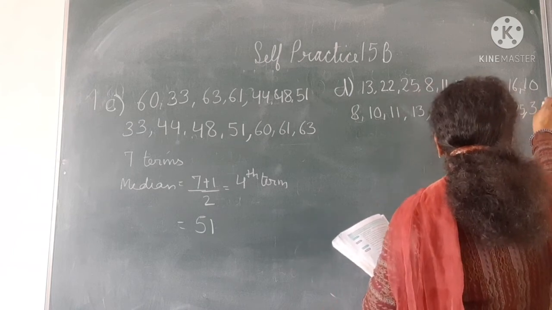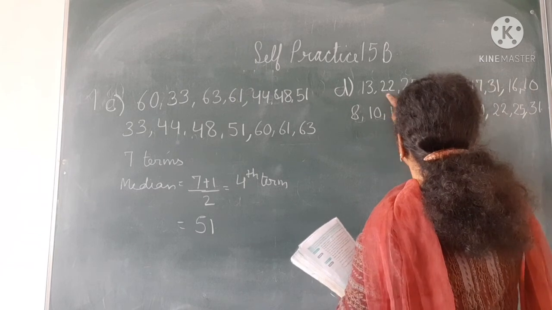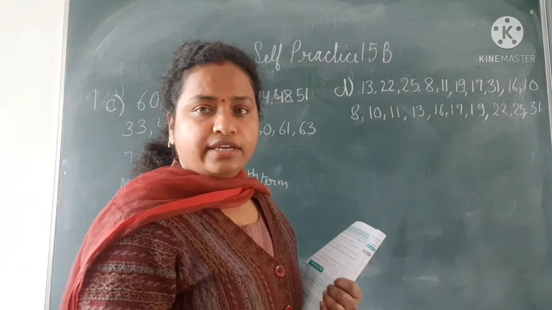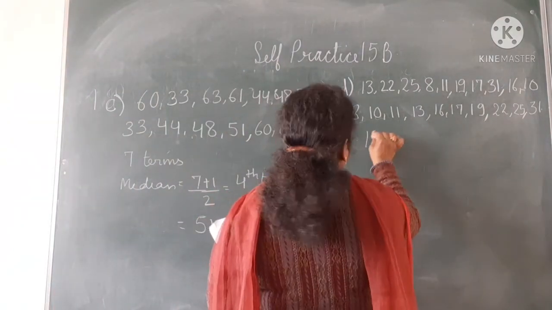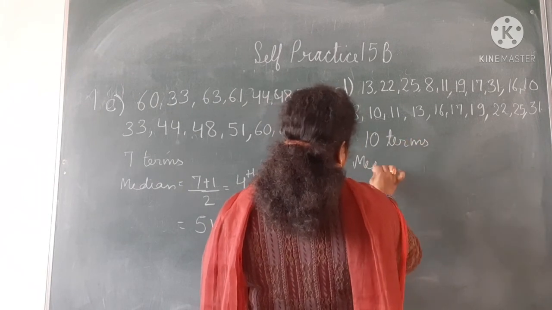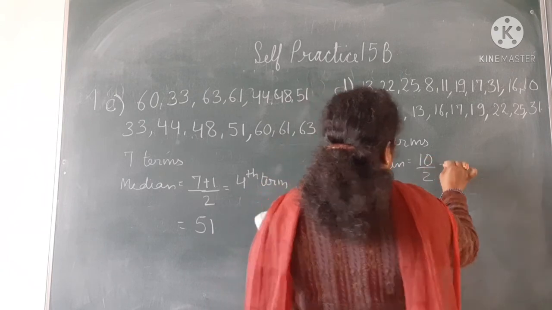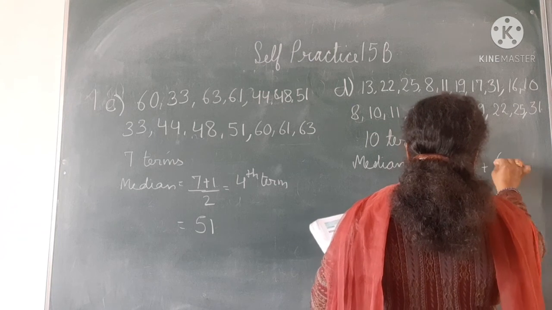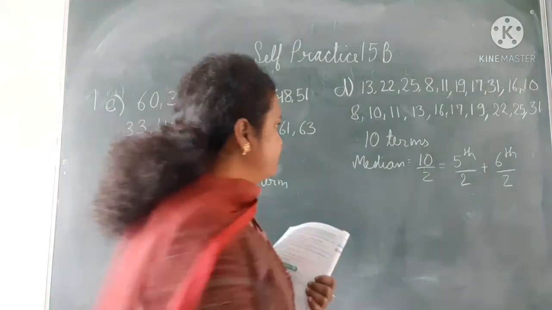There are 10 terms, so the median is the 5th term by 2 plus the 6th term by 2.